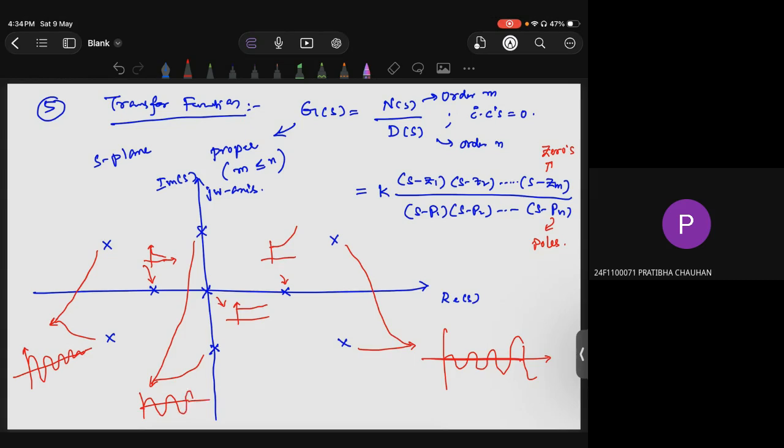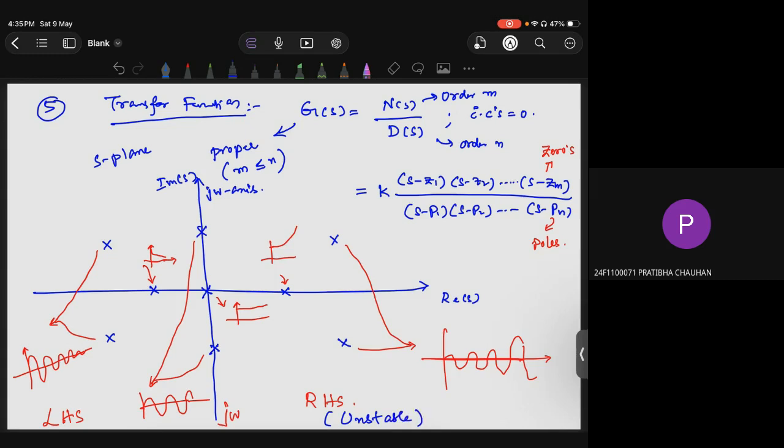Correct. So basically, the S-plane is divided into three parts: LHS, j omega axis, and RHS. When the poles are in the RHS, we say unstable region.